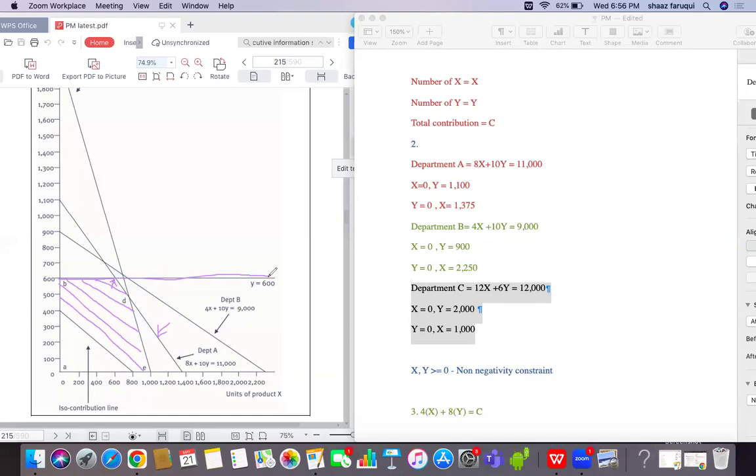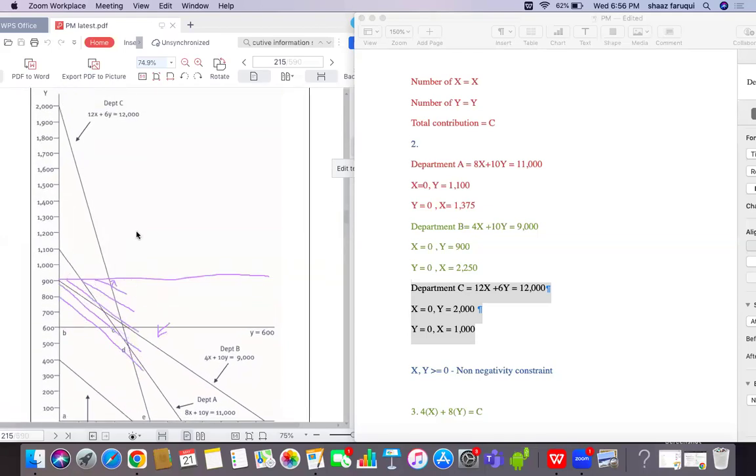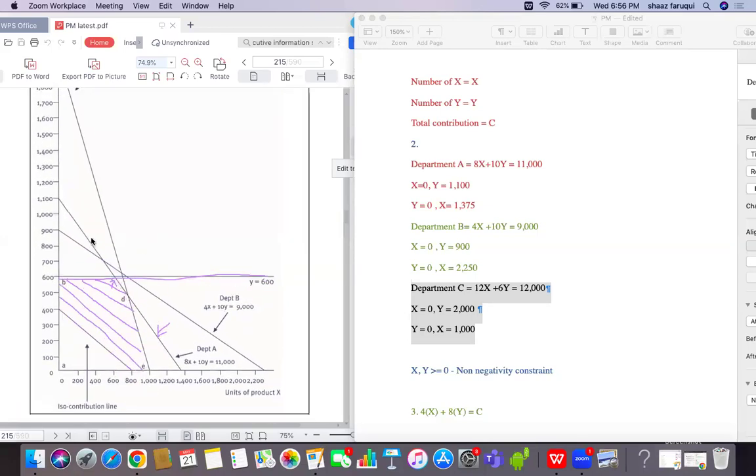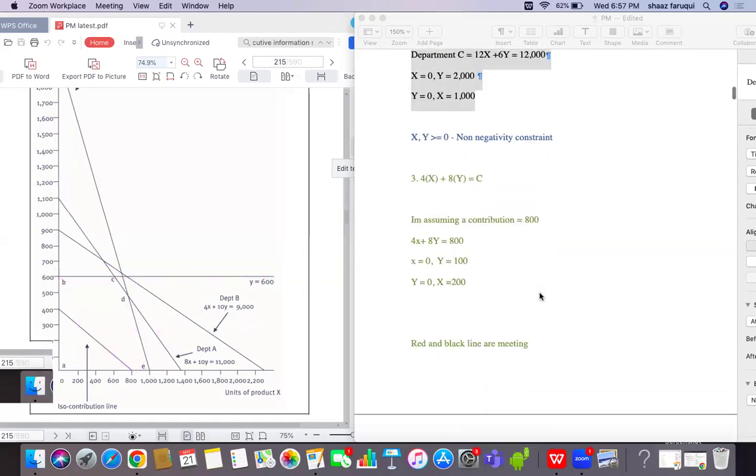In my drawing, there could have been a little bit of an issue, but that's why I'm showing you the textbook. The point which is the farthest away within the feasible region is point C, where department A and the Y constraint meet. So point C is the point where I have my highest contribution.